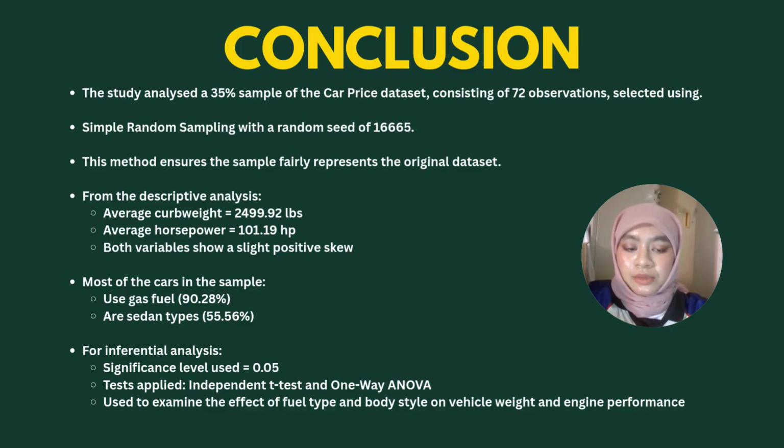Independent t-tests and one-way ANOVA were conducted to examine the effect of fuel type and body style on vehicle weight and engine performance. Overall, the findings provide a better understanding of the car market dataset and the relationship between vehicle characteristics and car specification.